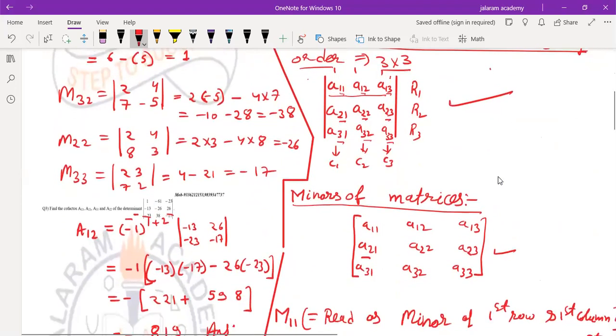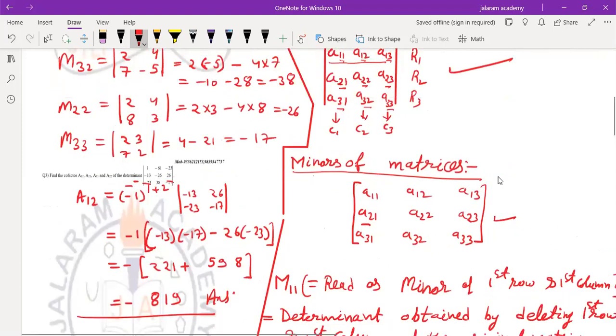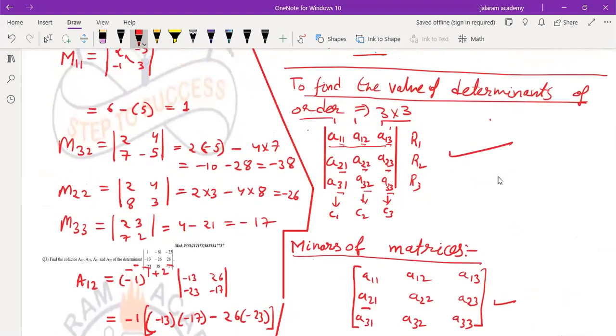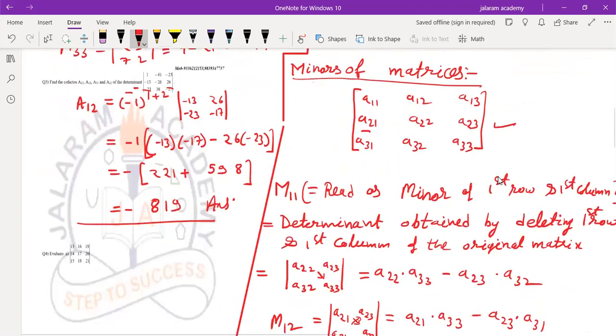So first we will learn how to find the minors of a matrix, which will be very useful in finding the value of a determinant of order 3 cross 3. It is denoted by M11. If M11 is written, we have to read it as minor of first row first column. M11 is the determinant which is obtained by deleting the first row and first column.